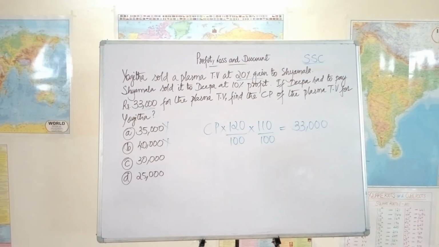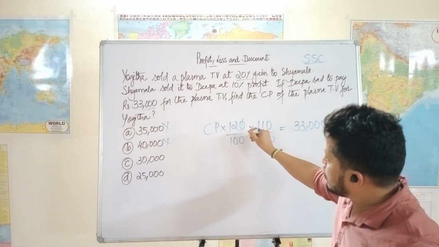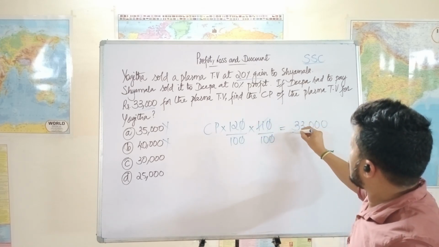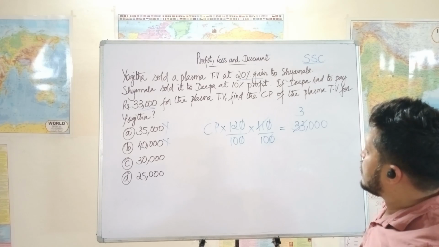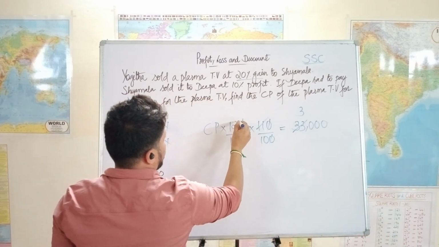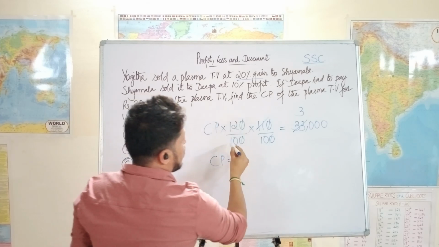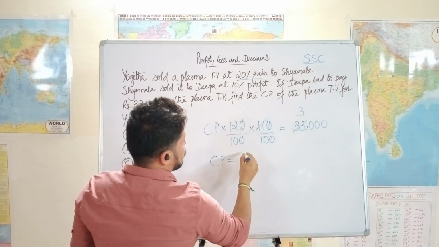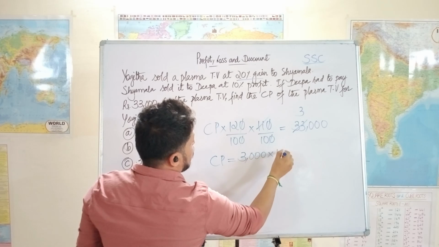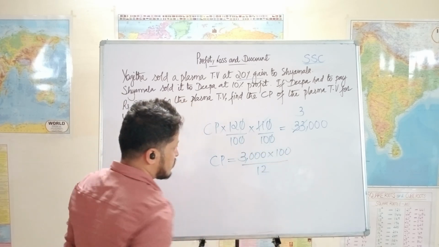Okay, now let's simplify this. Let us remove some zeros here, 11 ones are 11, 11 threes are 33. Okay, let's keep this so that it will be easy for us. So cost price is equal to, I'll take this 10 into 10, 100 there. So I have only 3000 there, 3000, I'll take this 100, 2 zeros, divided by 12.